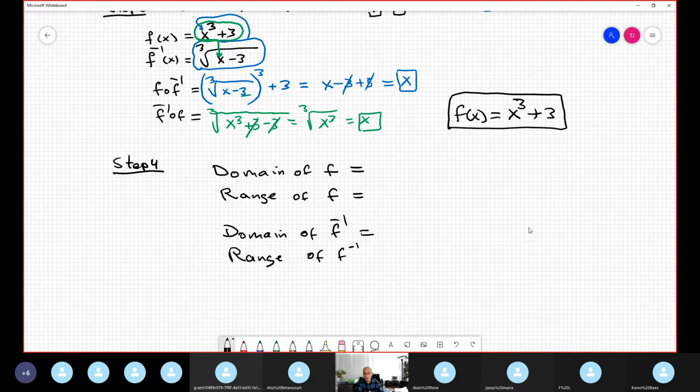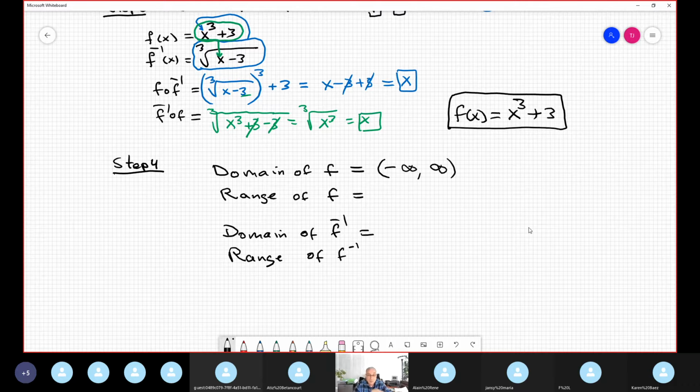When you have a radical with even index, like square root or fourth root, the expression inside must be non-negative, because the square root of a negative number is imaginary. And their combination. We have no division and no square root. Therefore, the domain is all real numbers.